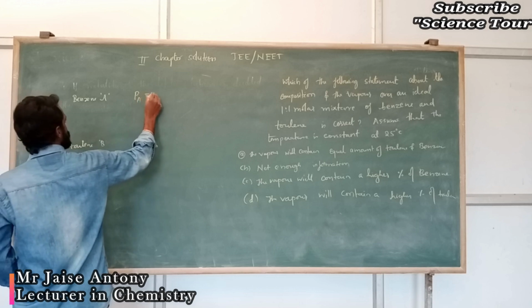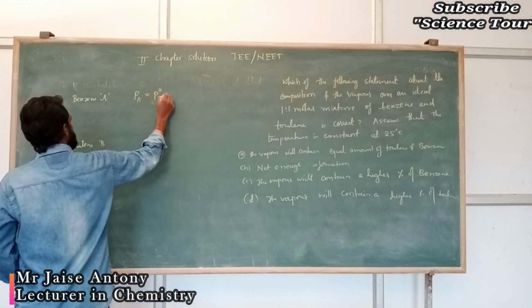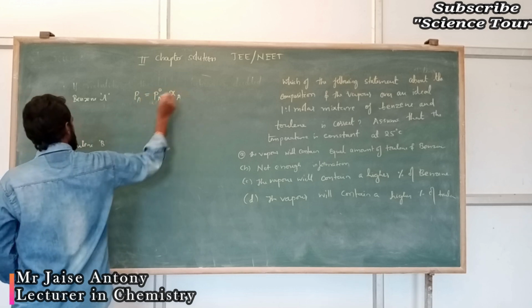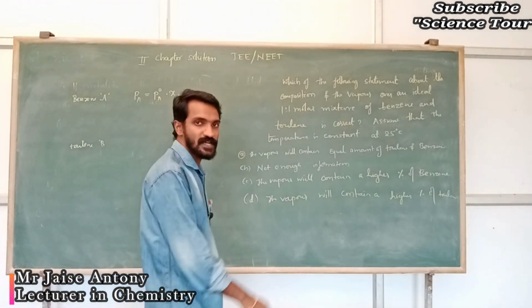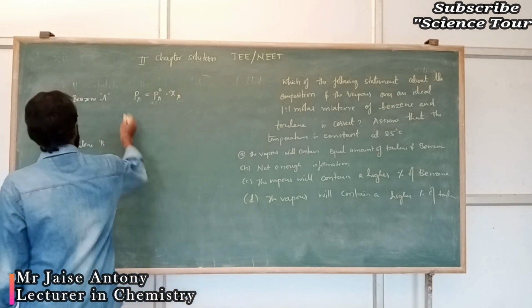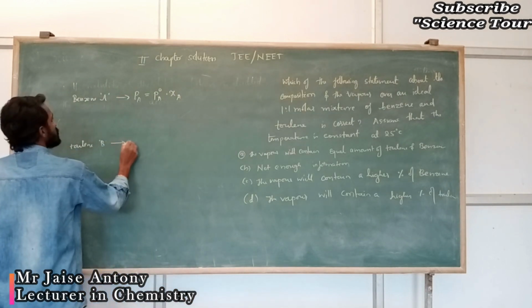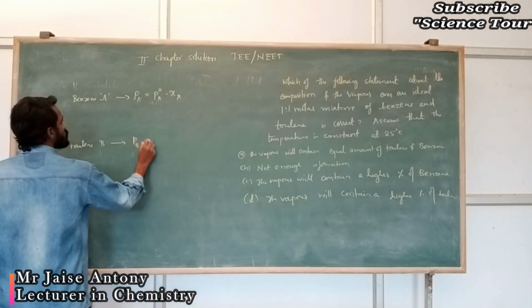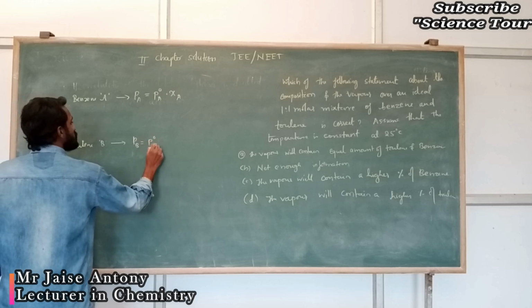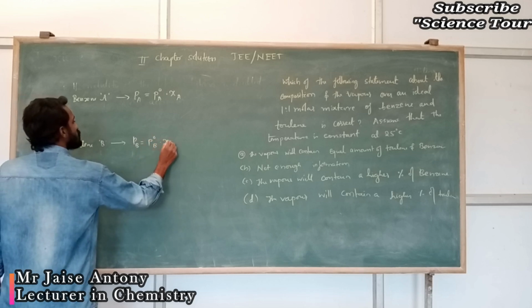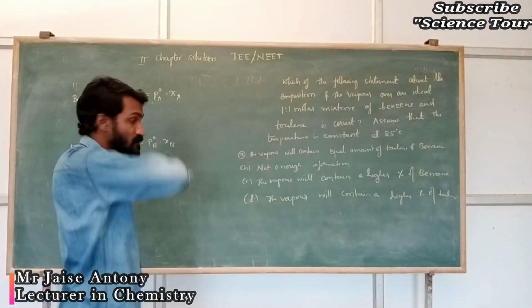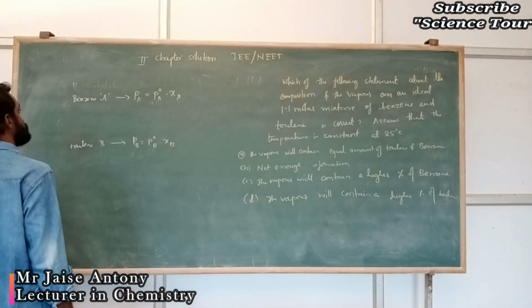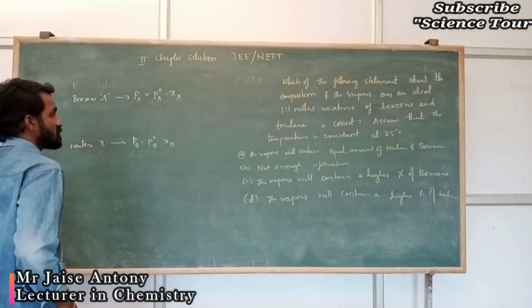PA is equal to P naught A, the pure state of A, into XA, the mole fraction of that particular component in the solution. Correct? This refers to benzene. And here PB is equal to P naught B into XB.